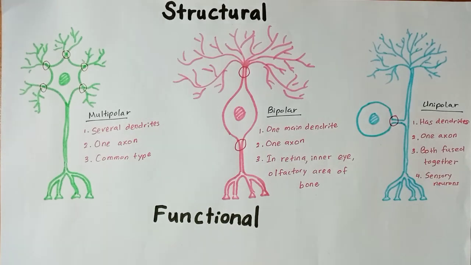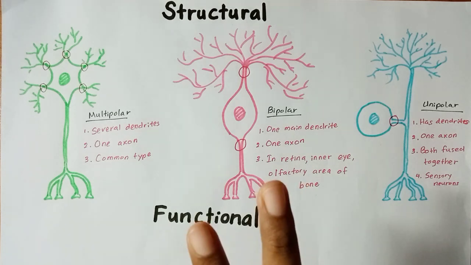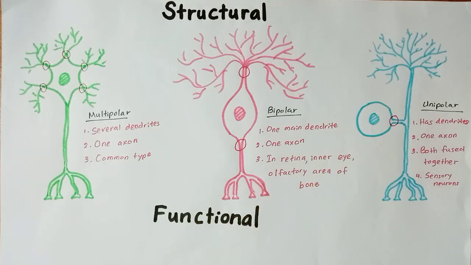When we divide neuron cells functionally, there are also three types: sensory neurons, interneurons, and motor neurons.